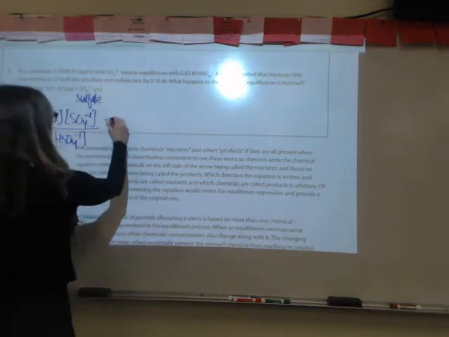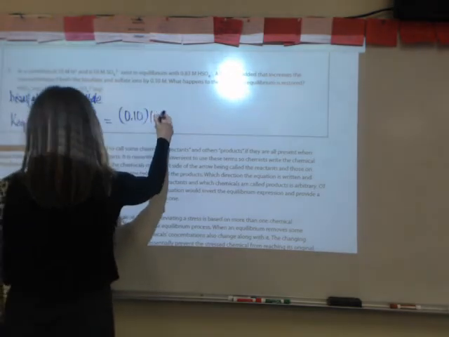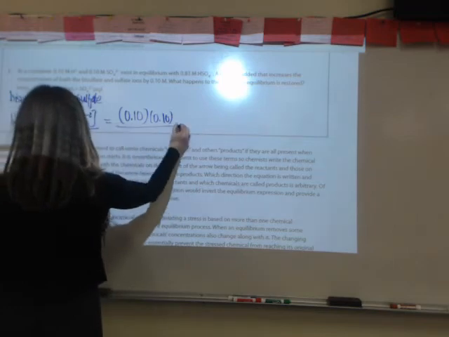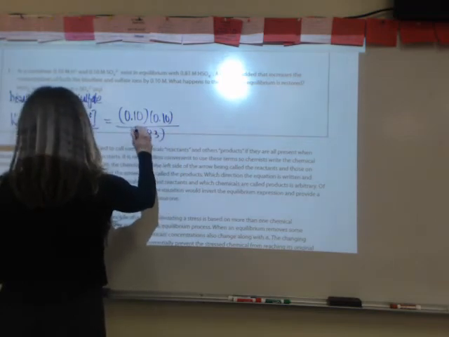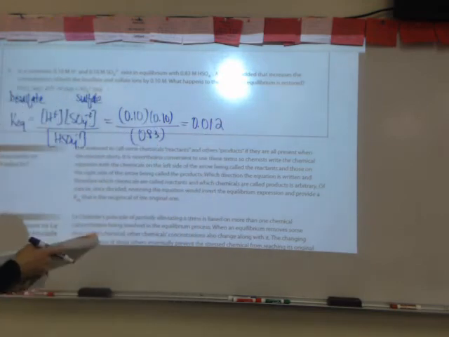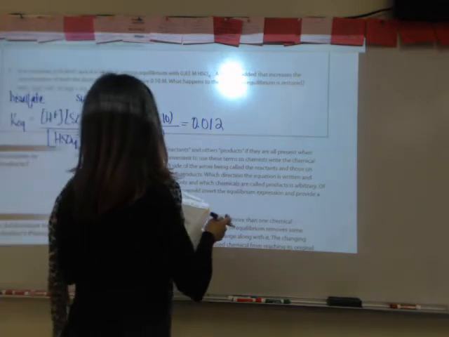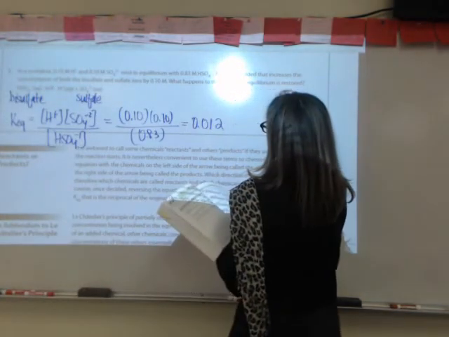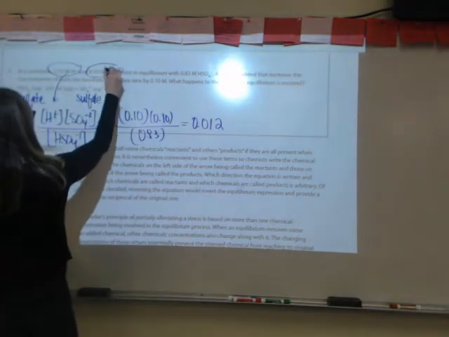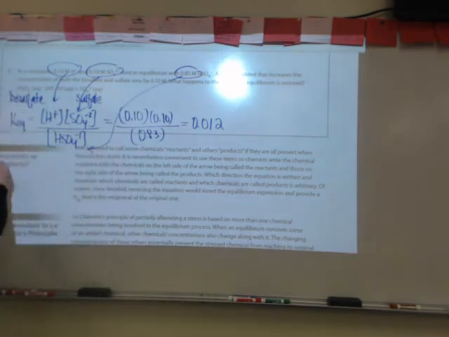So this is going to end up being 0.10 times 0.10 divided by 0.83, and this is 0.012. So these are the concentrations that I put in here. Okay, so this was at equilibrium.